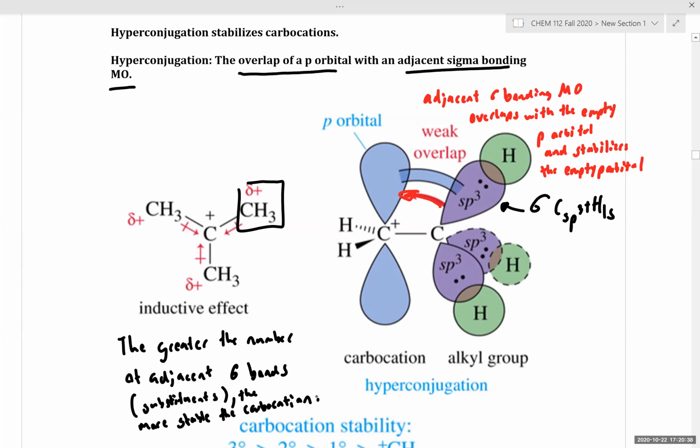This is the exact same effect that we observed for radicals, where our electron deficient radical was stabilized via hyperconjugation with adjacent sigma bonds.